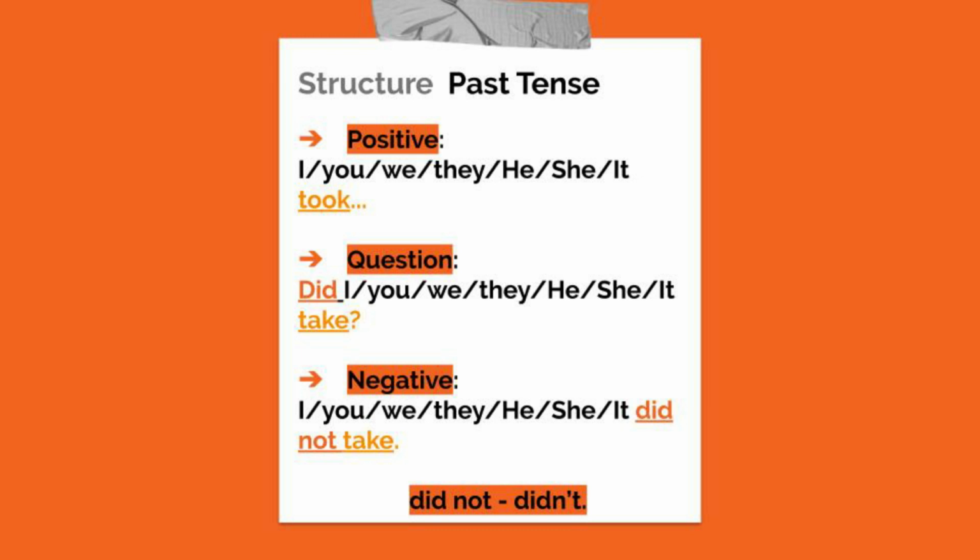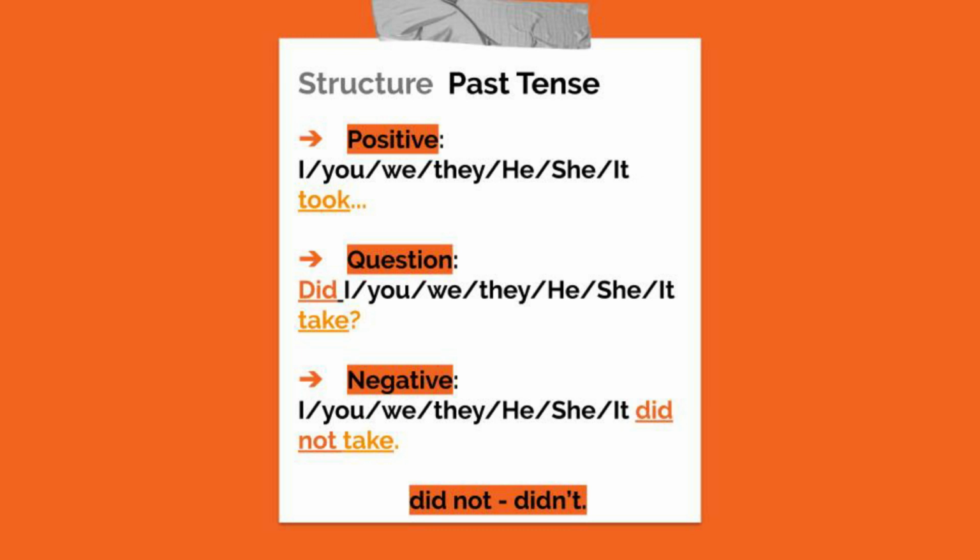The verb take is not becoming took. The verb remains in the present tense form, the basic form of the verb. So when you have did in your sentences, the verb remains in its basic form. It does not change its form.